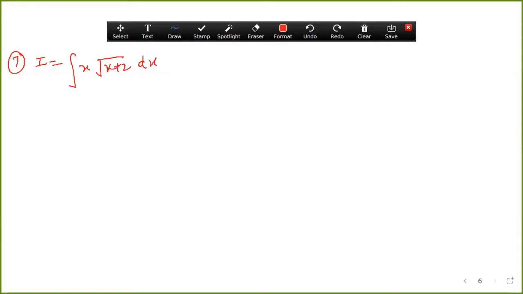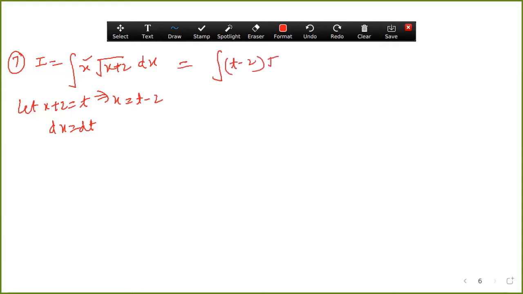First of all, let x+2 be equal to t. If it is t, then there is a requirement of the value of x, that is t minus 2. Now dx is equal to dt after differentiating. Now the question becomes (t minus 2) root of t dt.